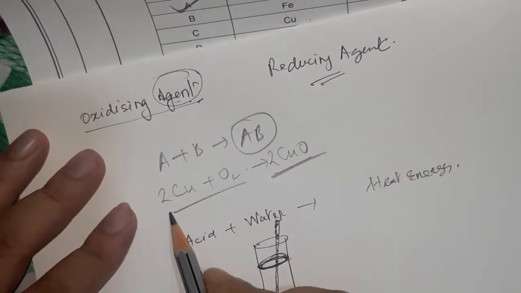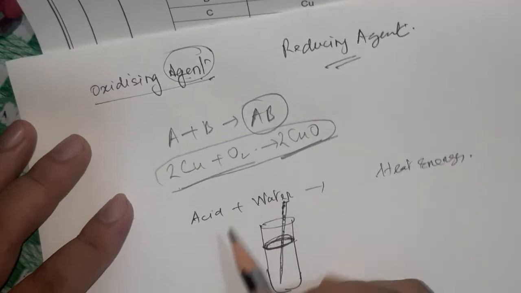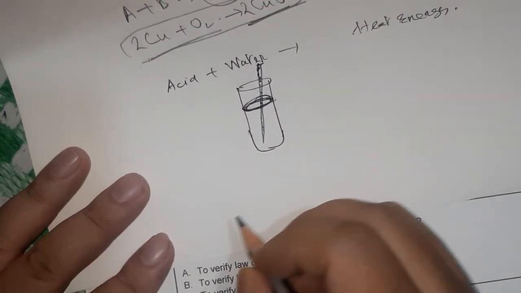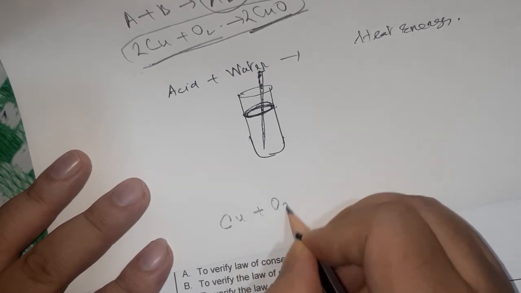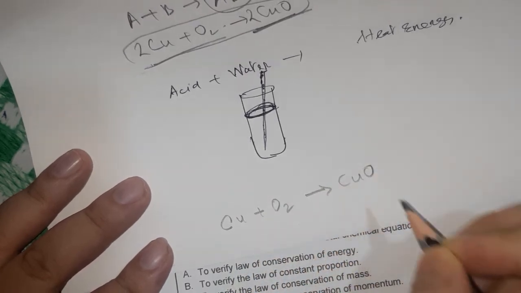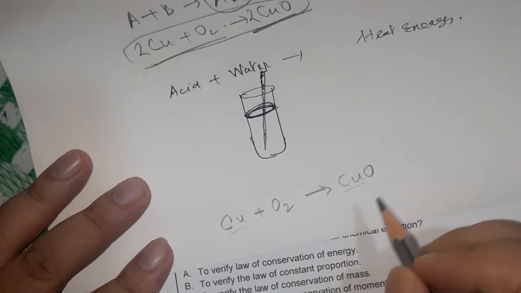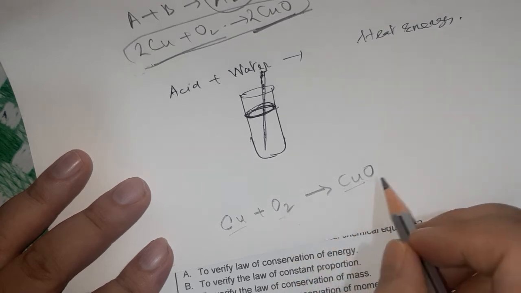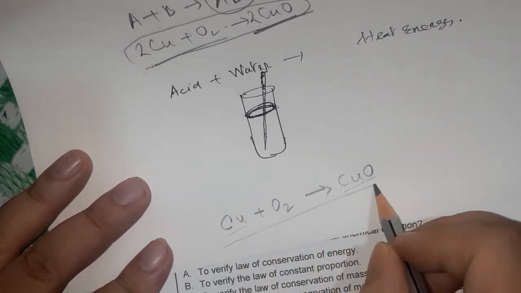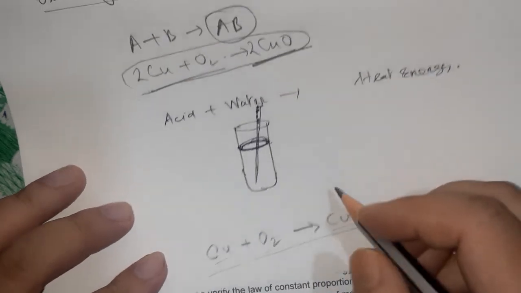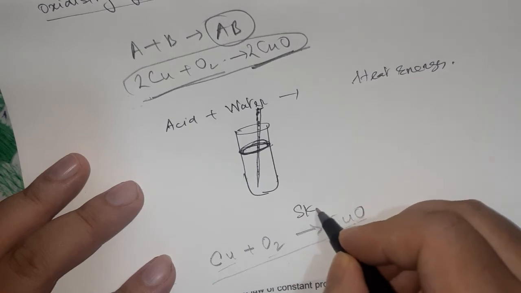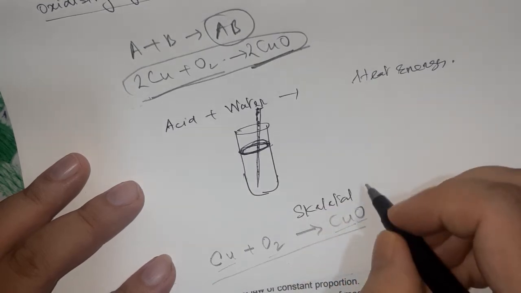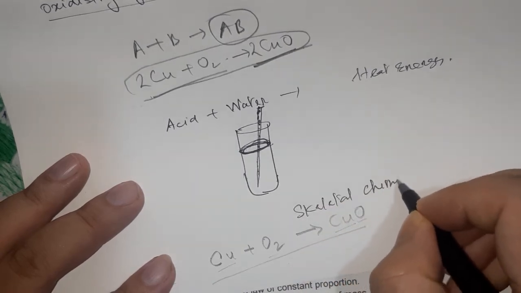Suppose, as I explained about copper and oxygen, if I write copper plus oxygen forms copper oxide, one copper is there, one copper is there, oxygen is 2 on one side and 1 oxygen on the other. So it is not balanced, and that is called a skeletal chemical equation.